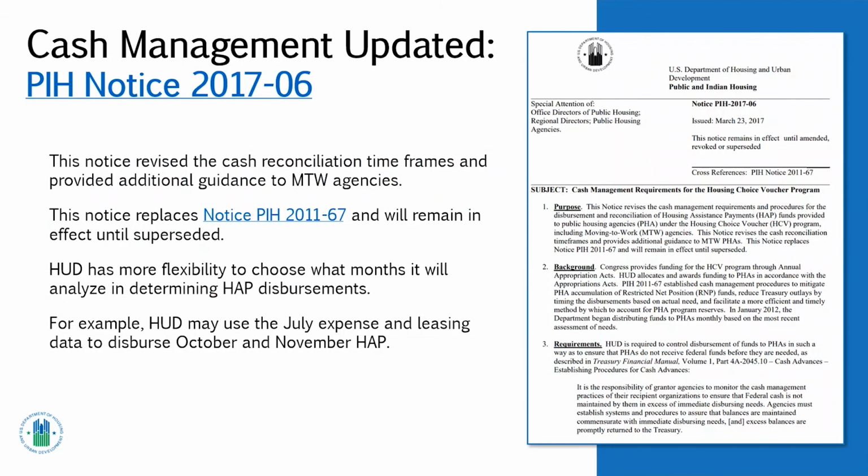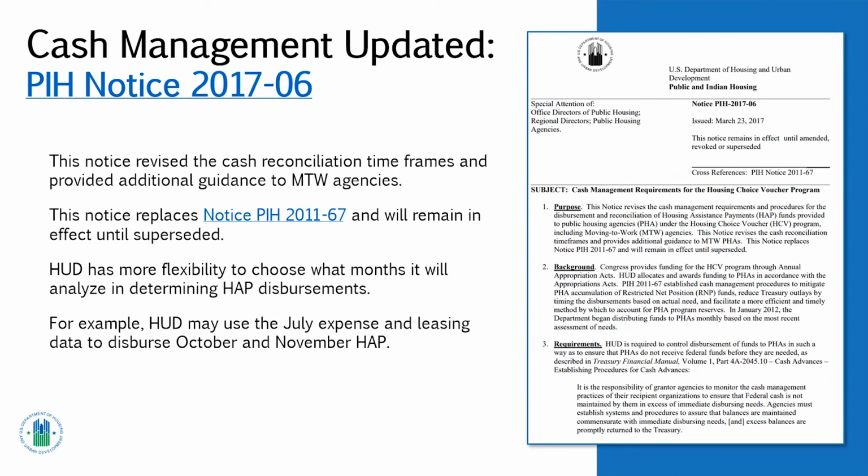The original cash management notice was updated via PIH Notice 2017-06. This notice revised the cash reconciliation timeframes and provided additional guidance to moving to work agencies, MTW agencies. This notice replaced PIH Notice 2011-67 and will remain in effect until superseded.